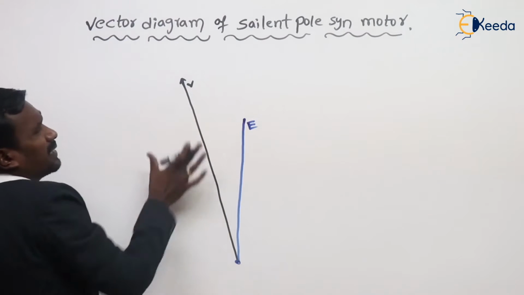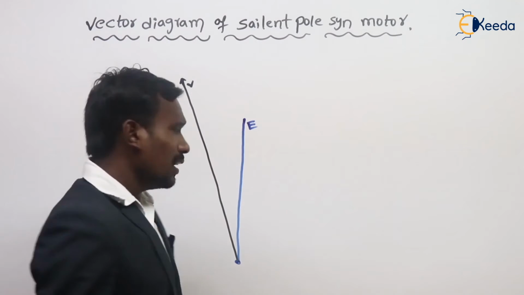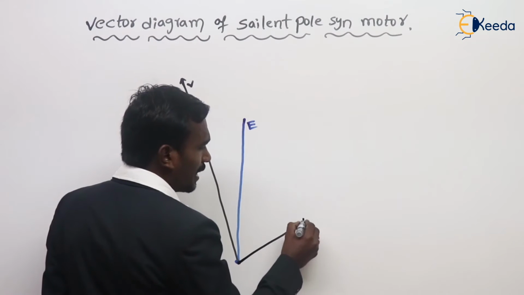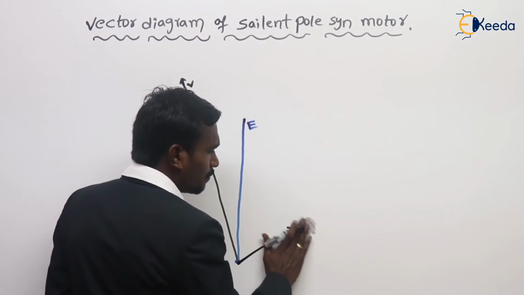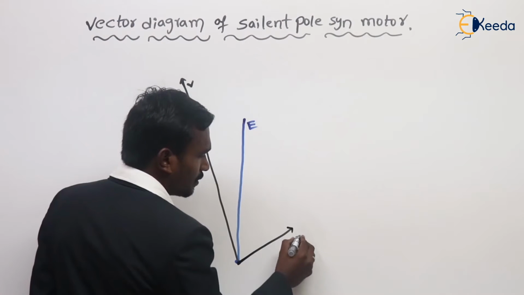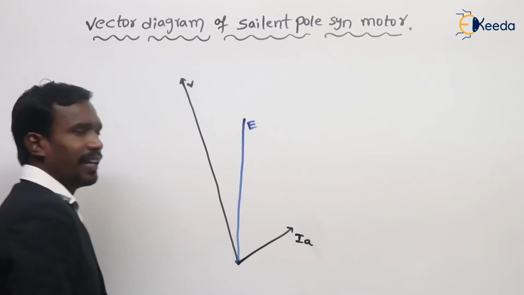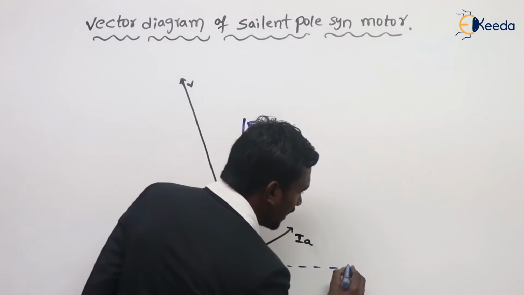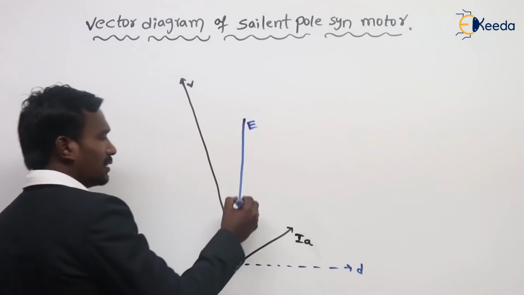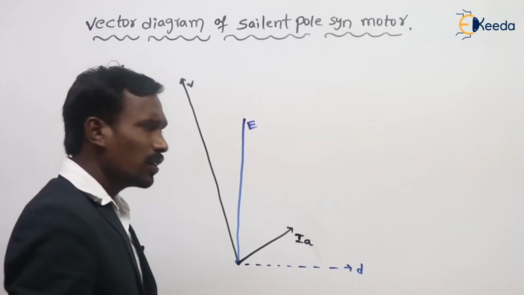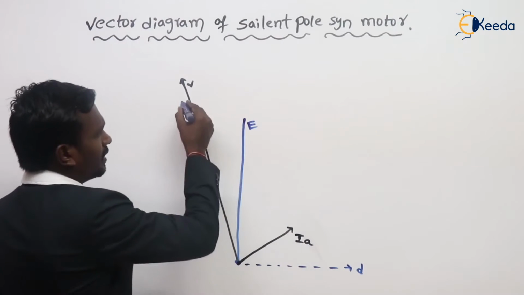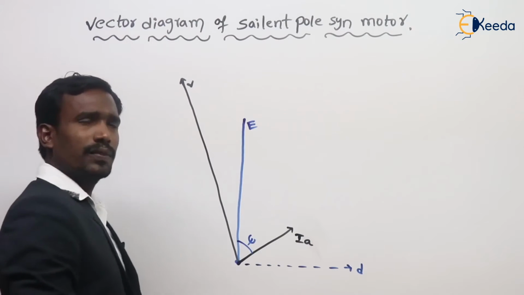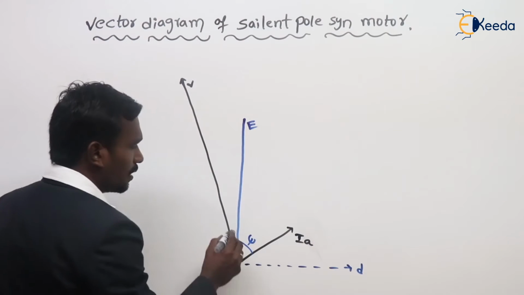First I am taking a lagging load. Lagging load means the armature current IA is like this. This is my IA, the armature current. Of course, we know this is the D axis and this is the Q axis. So this is E, this is V. This angle is called psi, the angle between E and IA.